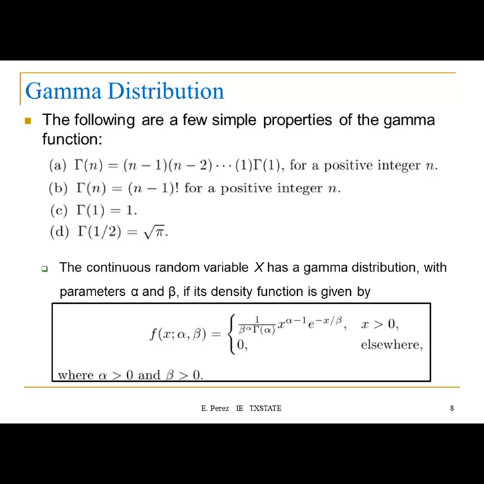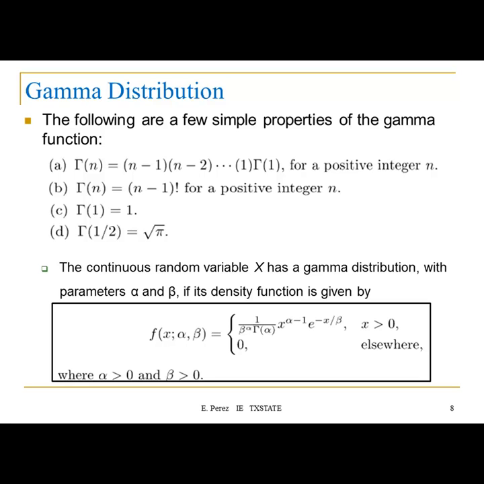And these are simple properties of the gamma function. The gamma function of n equals n minus 1 times n minus 2 and so on, for a positive integer n, which is the same as the factorial of n minus 1. These are just properties of the function. For the course, we don't need to know those properties. We're going to look at the gamma from a different perspective, but we need to know that this probability distribution derives from this function.